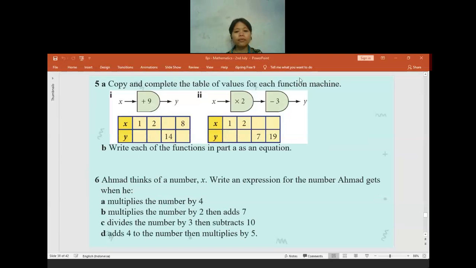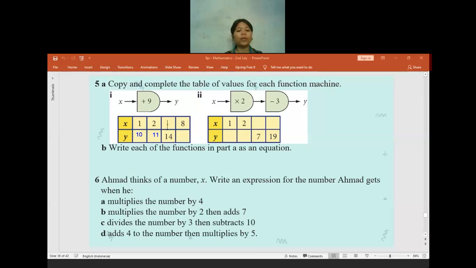For question 5, can anyone help me find the output when the input is 1? Okay, James said it is 10. Is there anyone who disagrees or is confused about getting 10? No, right? Okay, when the input is 2, how many is the output? The output is 11. When I already have the output as 14, how many is the input?